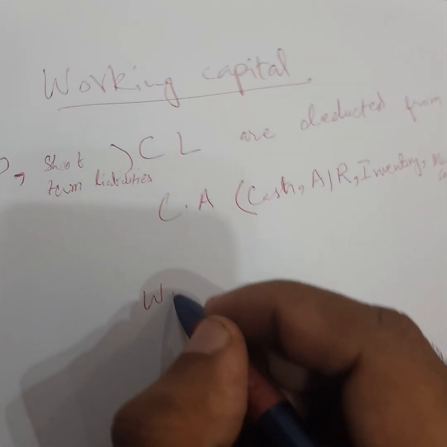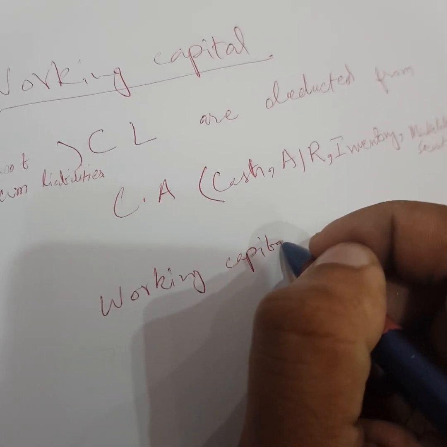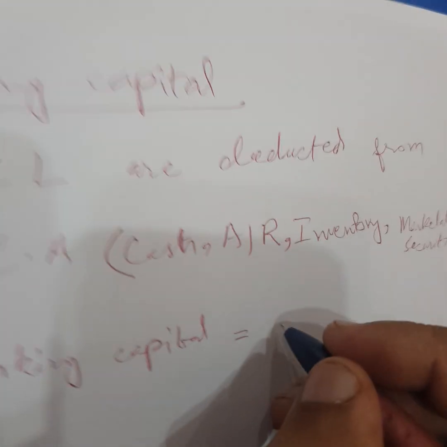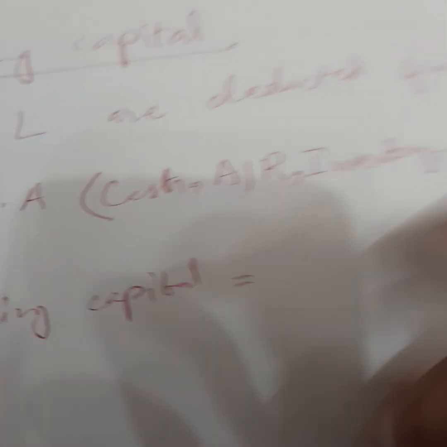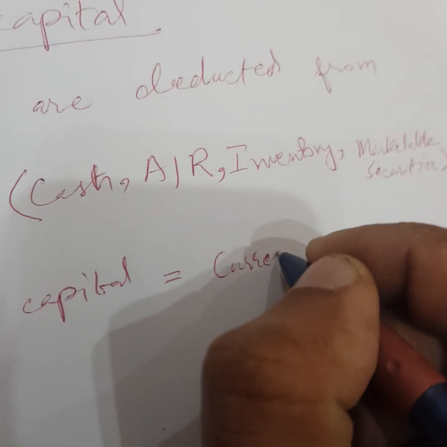So working capital can be calculated by taking the difference, or by deducting current liabilities from current assets.